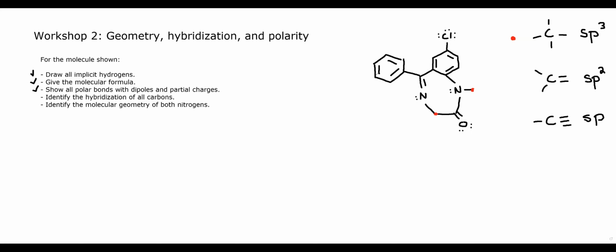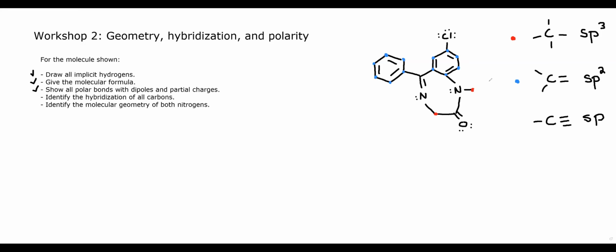Now, looking around, all the other carbons have some sort of double bond attached to them. So let's get out blue for those sp2 carbons. We have double bonds all the way around these ring systems. These are called benzene rings. When we have a 6-membered ring with alternating double bonds, and we will be very familiar with them as we go throughout the course.